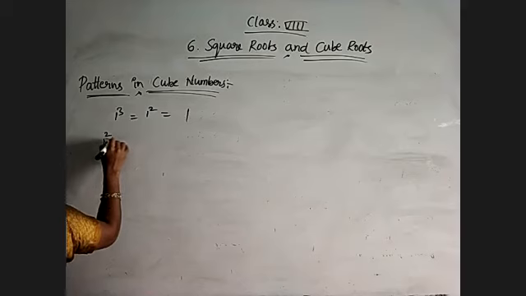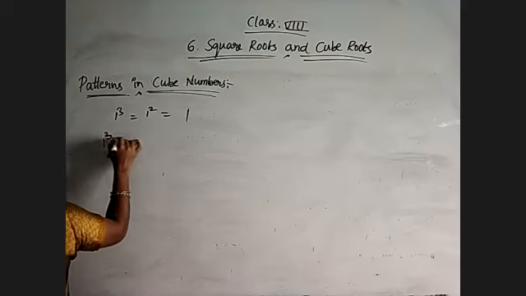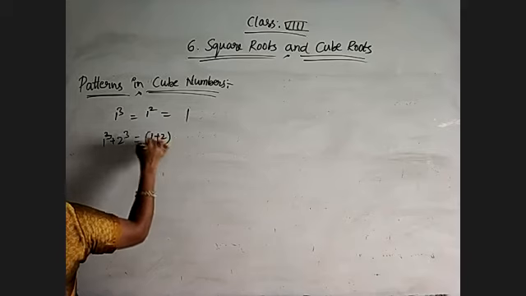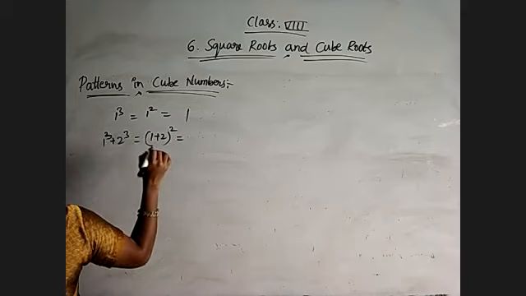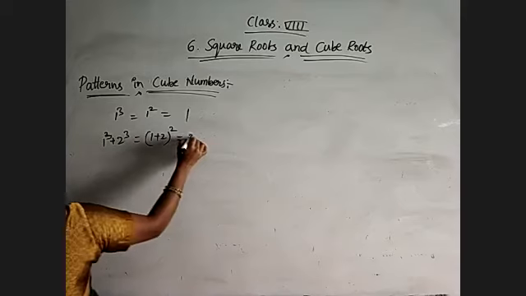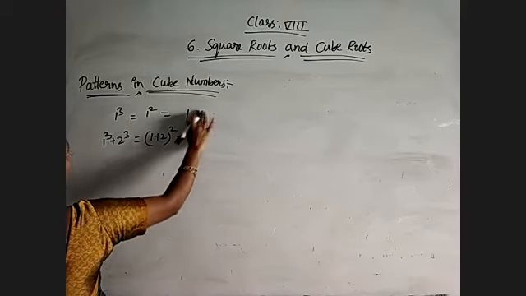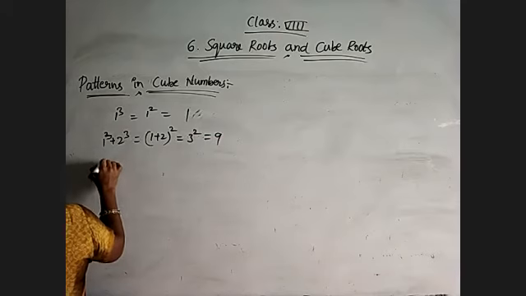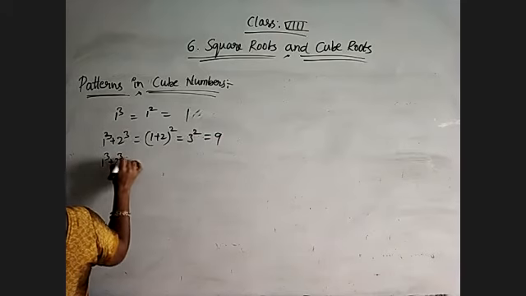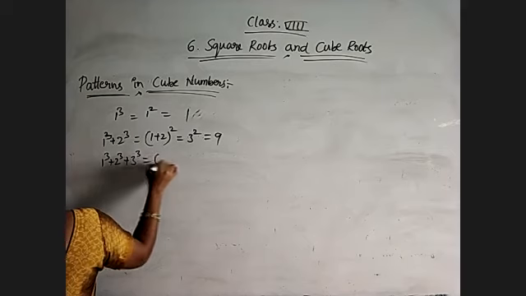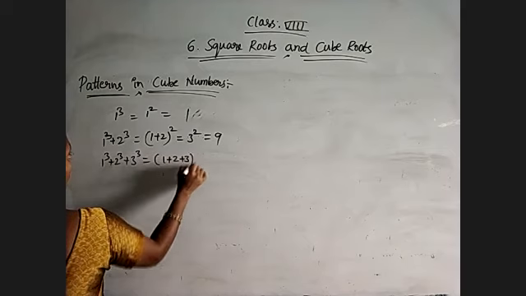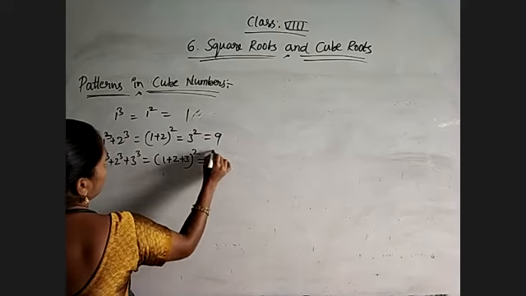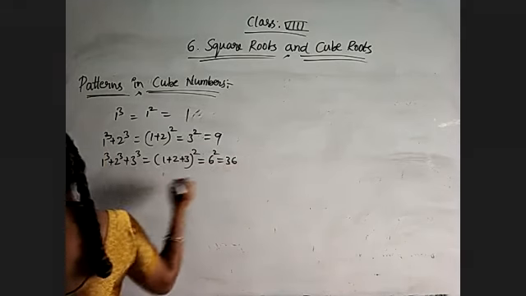Next, 1 cube plus 2 cube is equal to 1 plus 2 whole square, which is nothing but 3 square. So 3 square is nothing but 9. 1 cube plus 2 cube plus 3 cube is equal to 1 plus 2 plus 3 whole square, which is equal to 6 square is equal to 36.